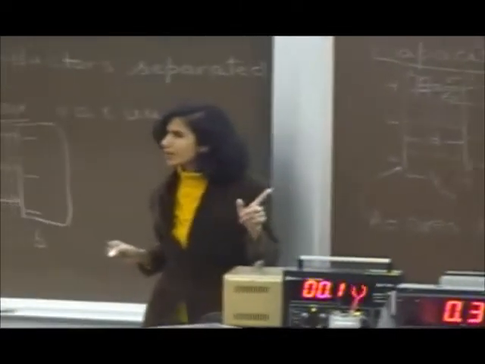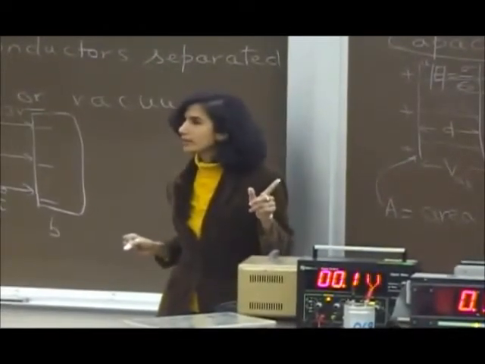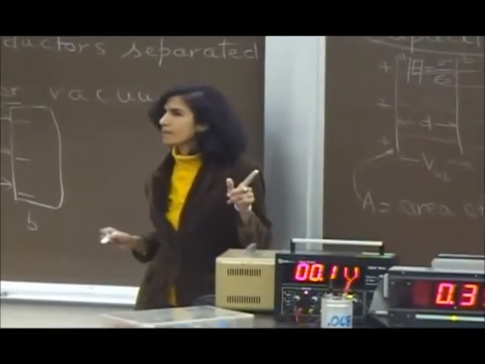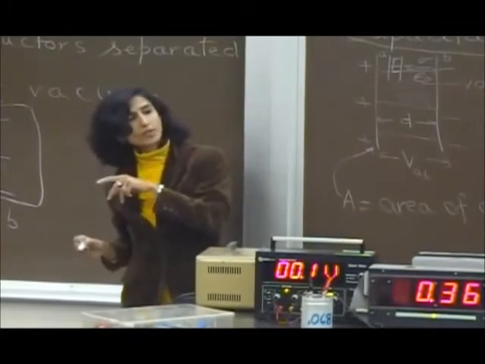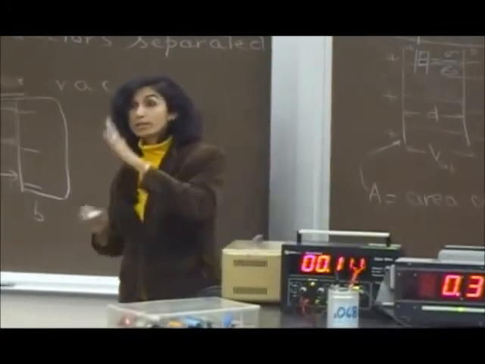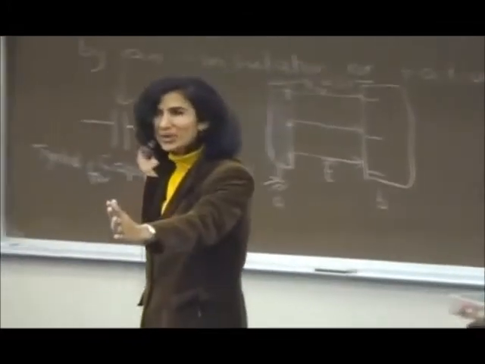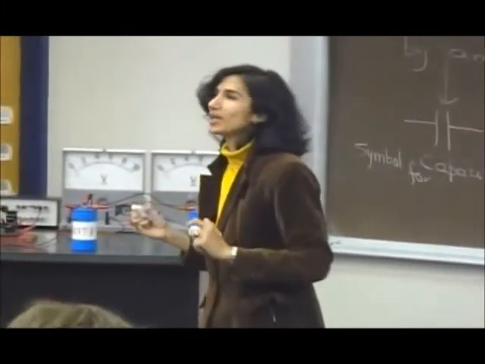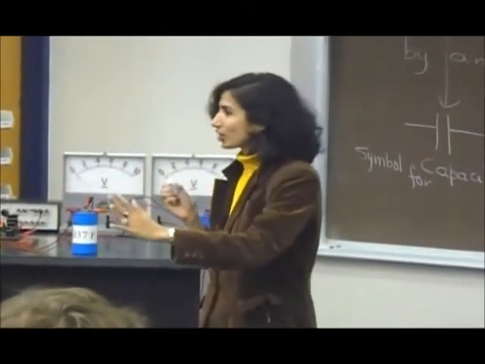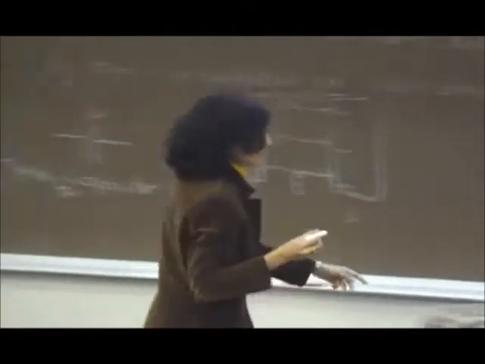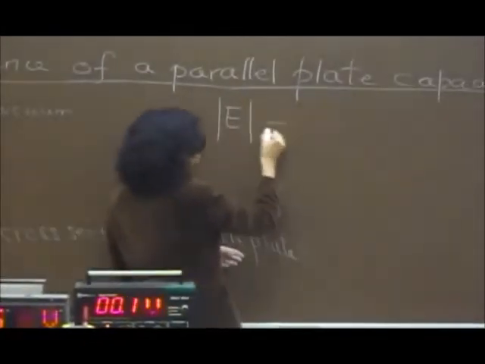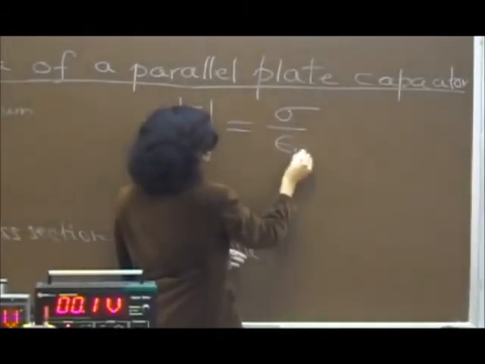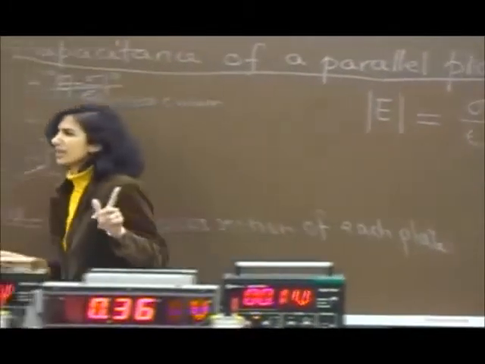Is that kind of ringing a bell, folks? We have already done it twice at least in this course. Once in chapter 21 when we were talking about a disk of charge and we generalized it all the way. The second time when we were doing Gauss's law for an infinite sheet of charge. So this is the third time you are seeing that the electric field between the plates of a capacitor, E, has a magnitude of sigma divided by epsilon 0. Now what is sigma?